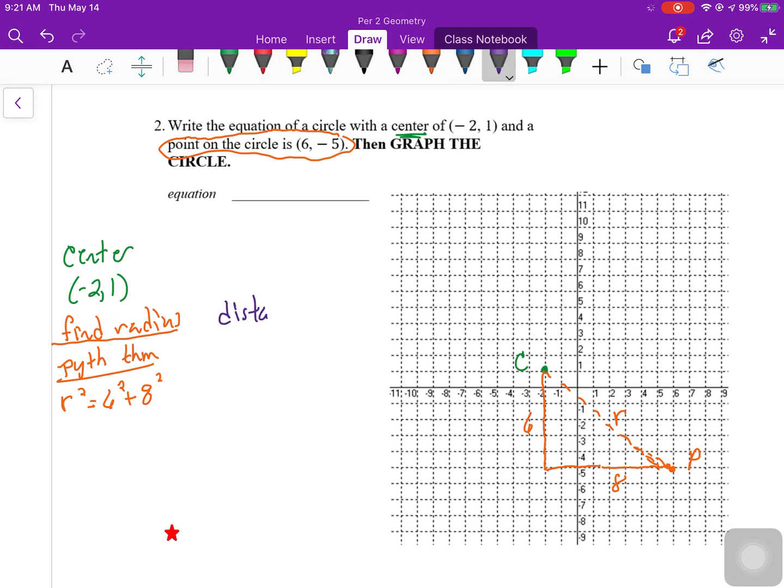Now, of course, the other method that I reviewed with you was using the distance formula. To use the distance formula, you have to know the distance formula.